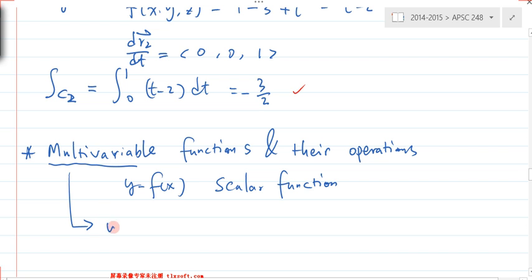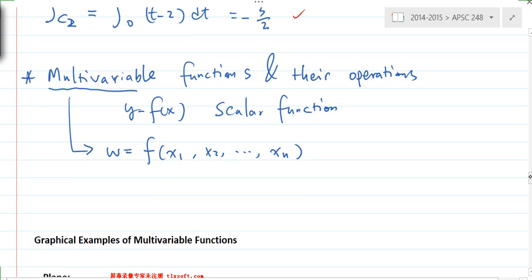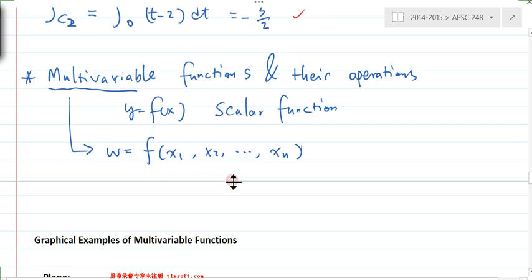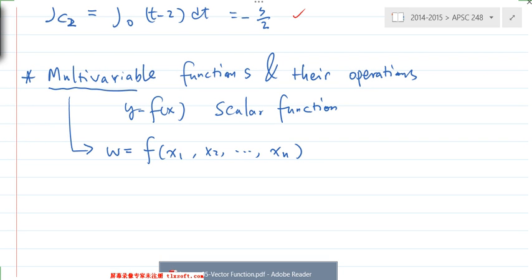Now, more interesting is the multivariable function, which refers to this kind of case: w equal to f of x1, x2, up to xn. That's the look of a multivariable function.